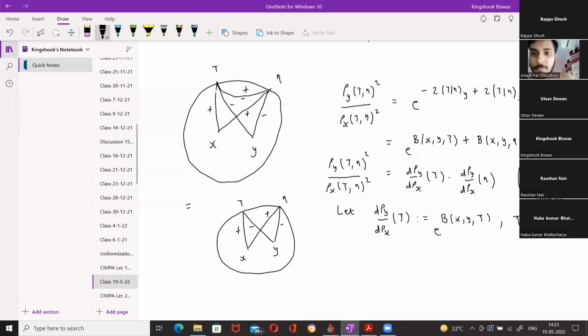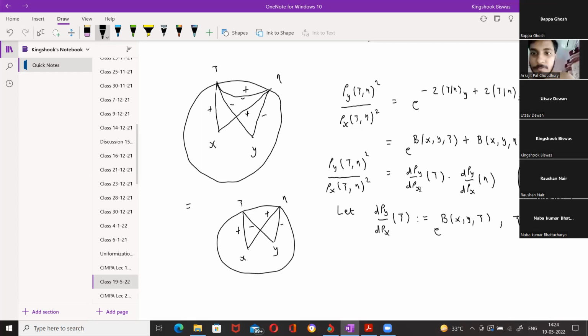For these visual metrics, right? It's like a mean value theorem. If I take square roots, then it's this distance with respect to the y metric divided by this distance with respect to the x metric is the product of, well, this function I want to call a derivative of the visual metric rho y with respect to the visual metric rho x.